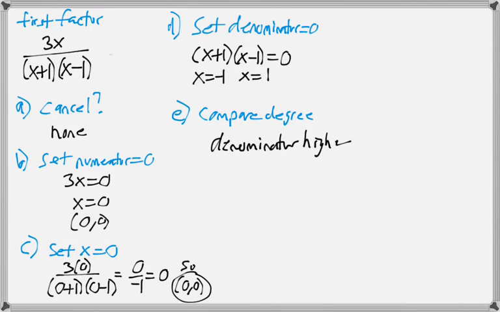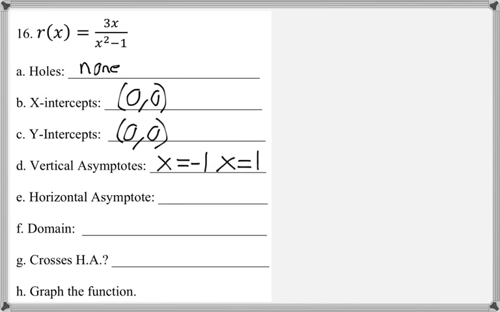So because my denominator is higher, that means that this is going to be the case where y is equal to 0. And we're over halfway done, so we're definitely making our way.